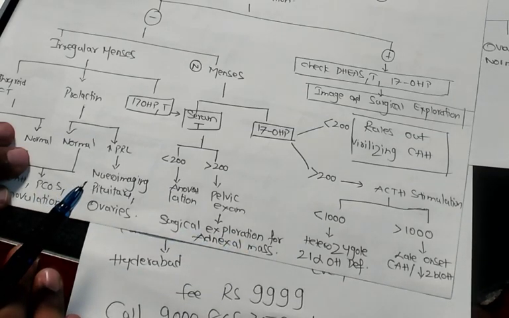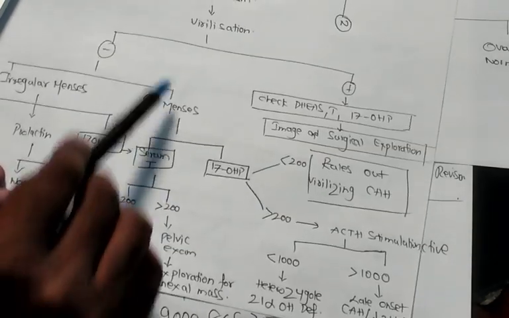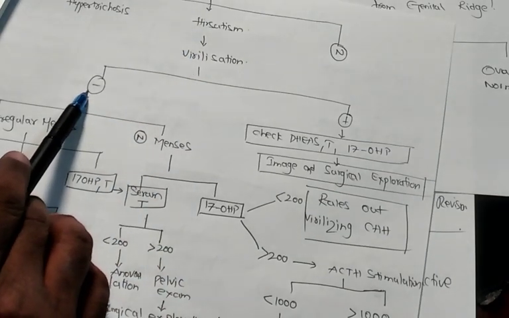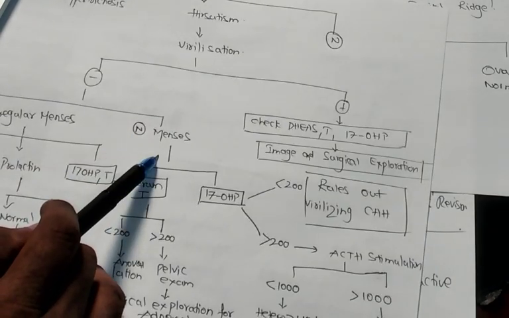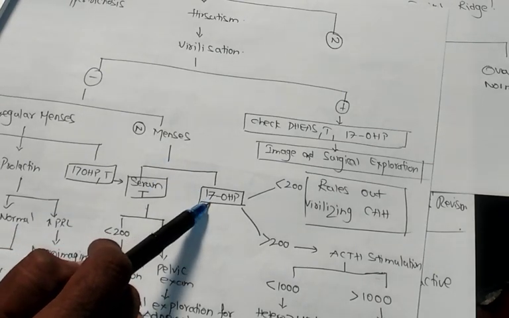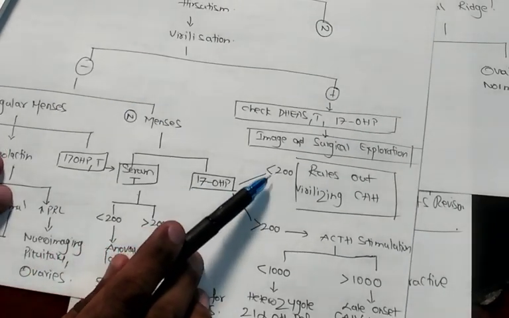That's how you approach. Then you look for, once more, there is hirsutism, there is no virilization, there are normal menses, and when you checked the 17-hydroxyprogesterone, you found that it is less than 200.